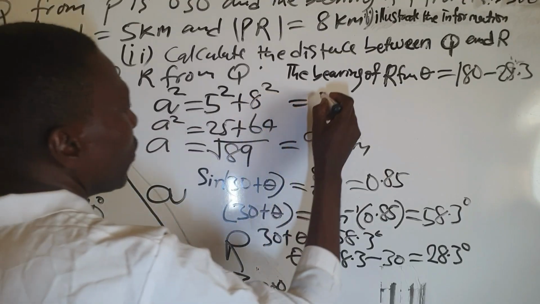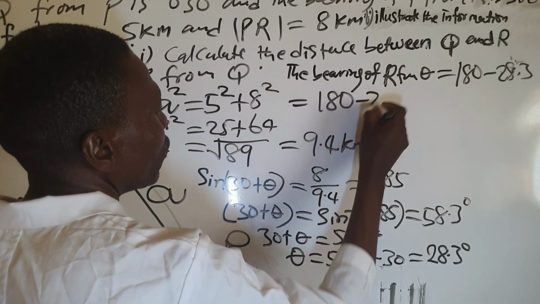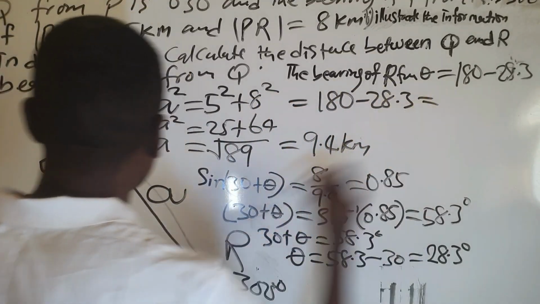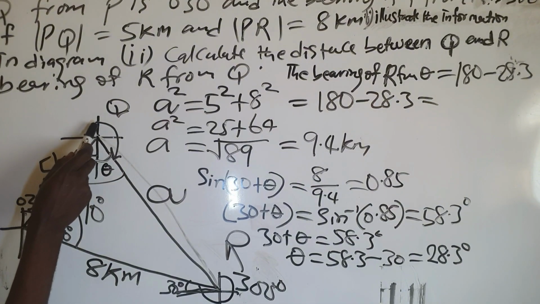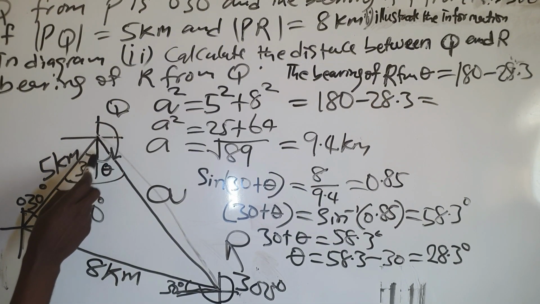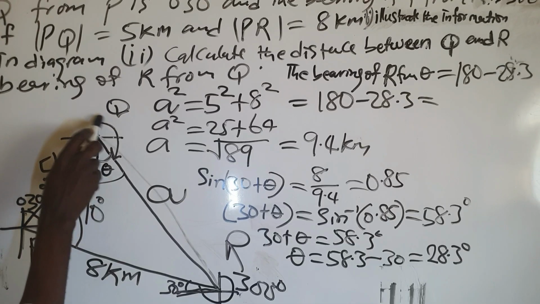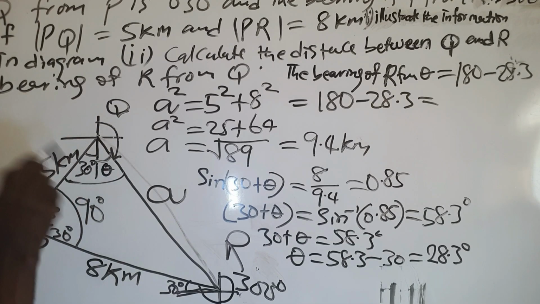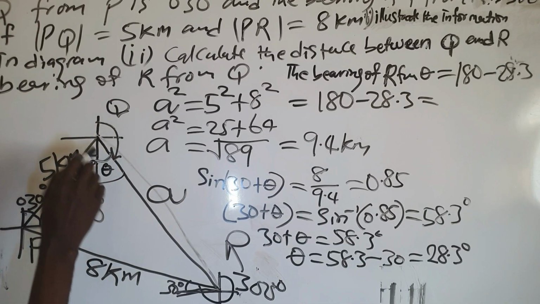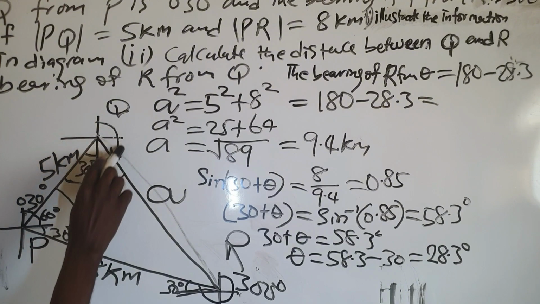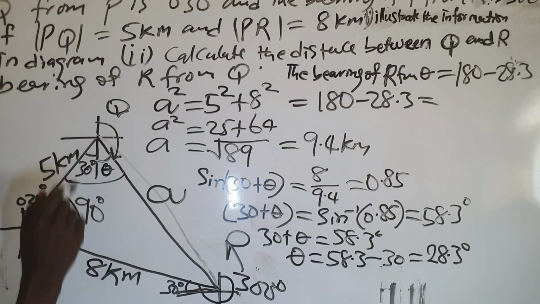Remember that from here to here is 90, and from here to here is also 90. 90 plus 90 is 180. So from here to this line is 180.